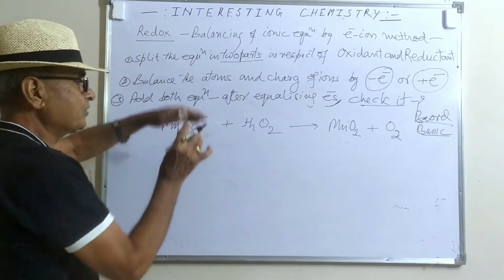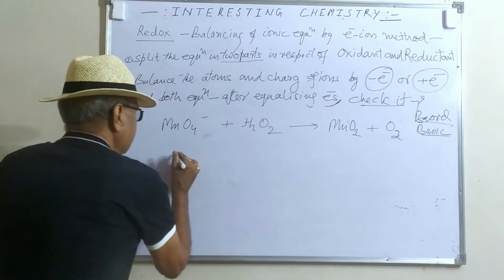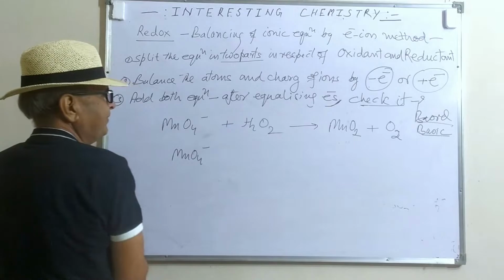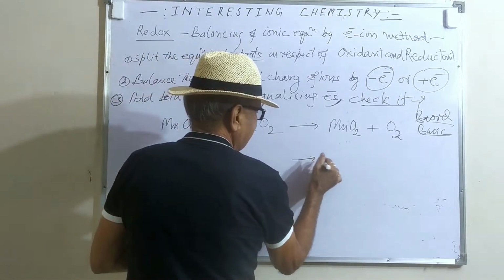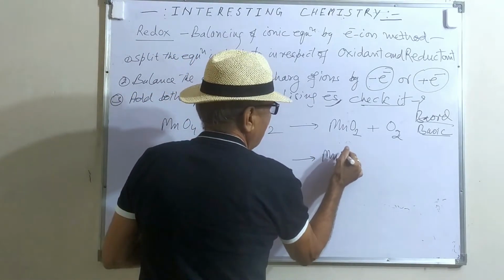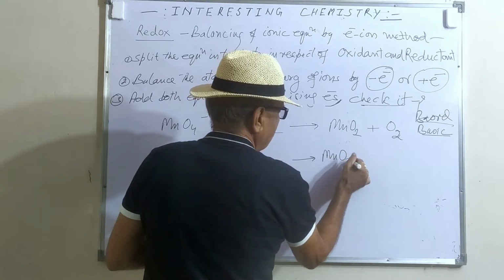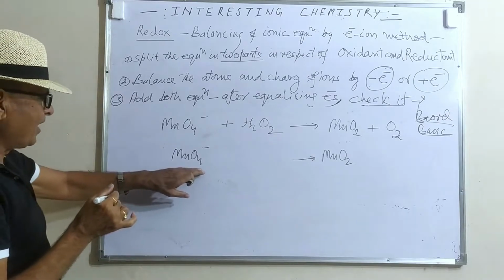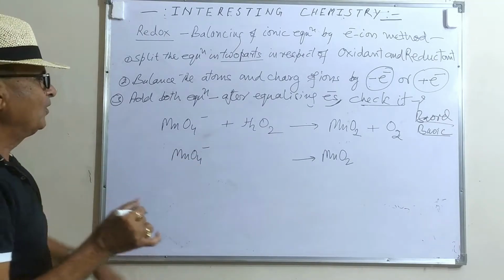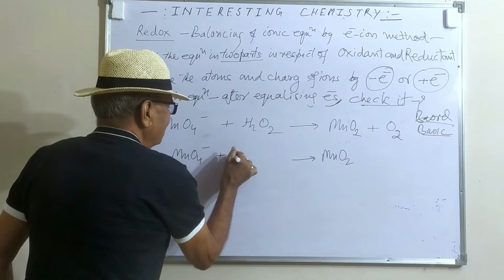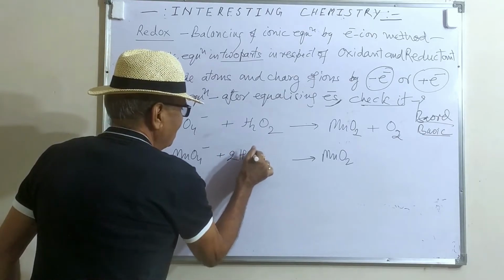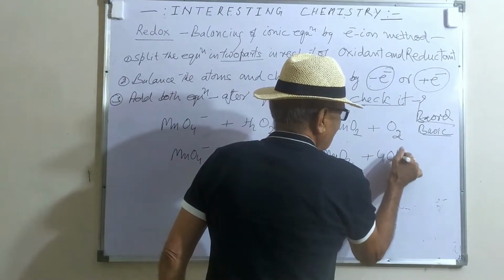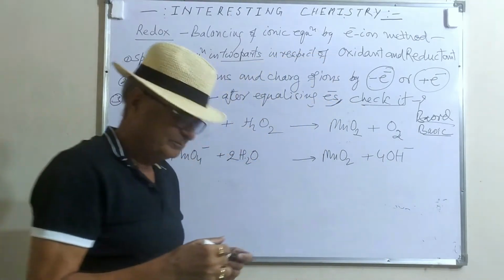So again, the process will be the same. You will write MnO4 1 negative, and here MnO2. Now you have to consume 2O, so write 2S2O, and here 4OH negative.